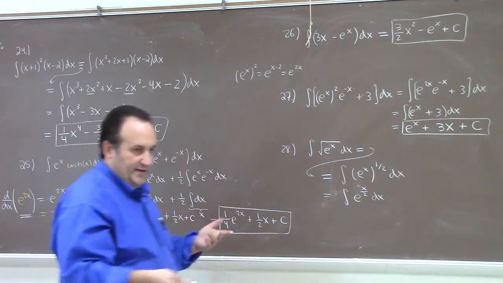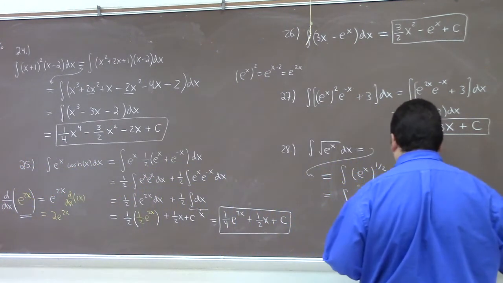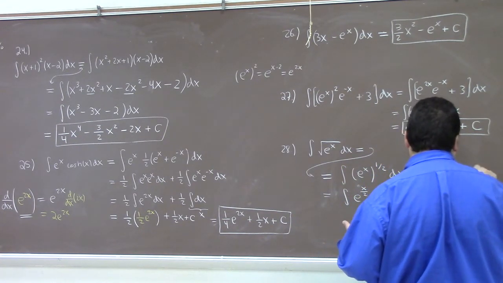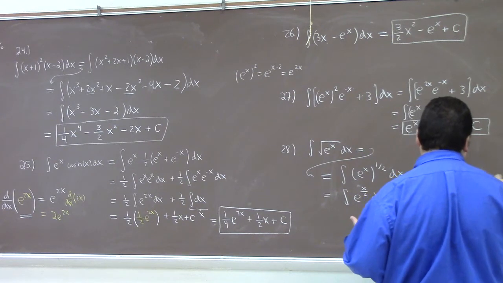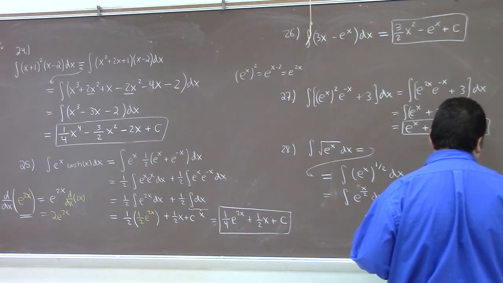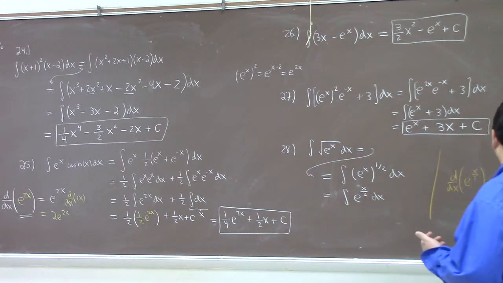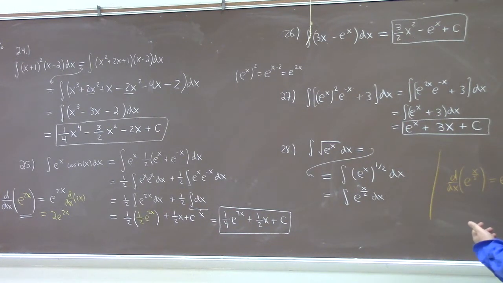So at this point, I think about it over here, right? If I have d dx of e to the x over 2, what do I get? I get e to the x over 2 times d dx of x over 2, right? I get 1/2 e to the x over 2, don't I? So what do I want to do in this case?